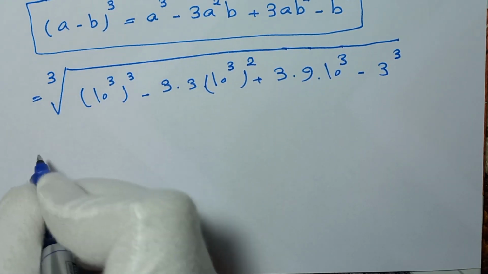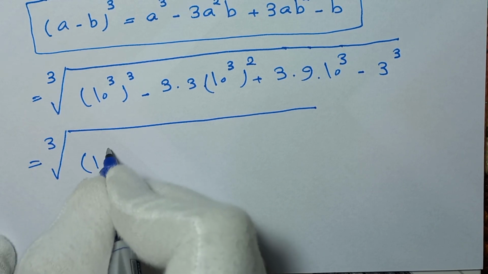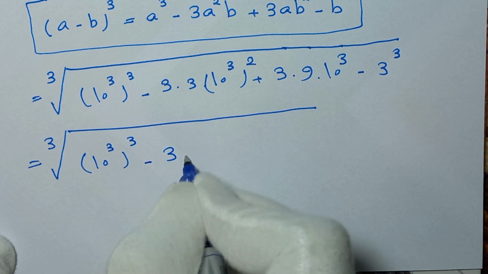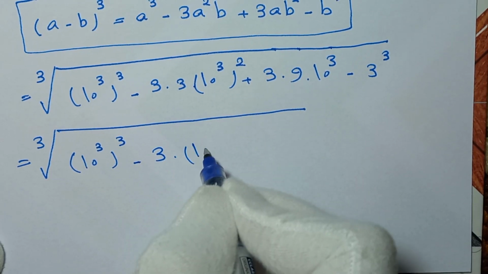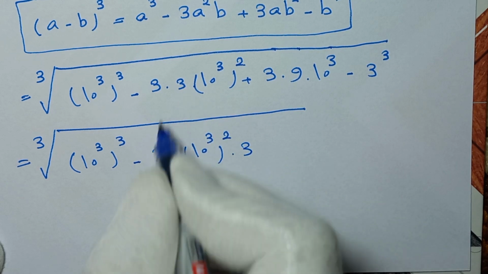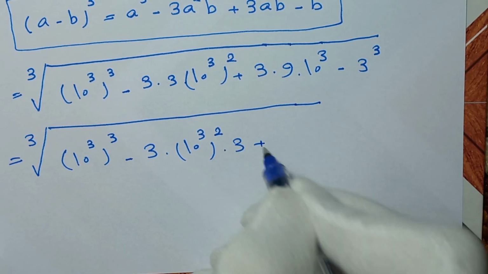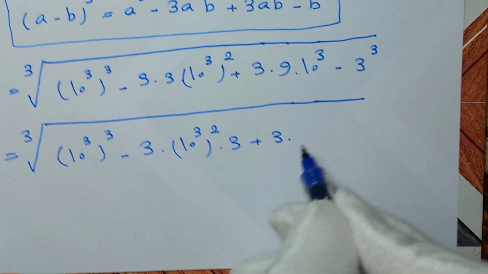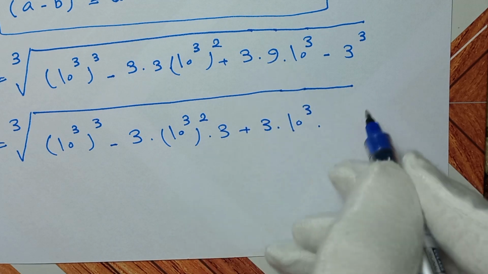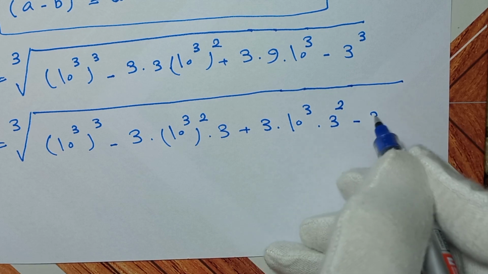So in the next step, this equals the cube root of 10 to the power of 3 to the power of 3, minus 3 times 10 to the power of 3 to the power of 2 times 3, plus 3 times 10 to the power of 3 times this 9, which we can write as 3 to the power of 2, and minus 3 to the power of 3.